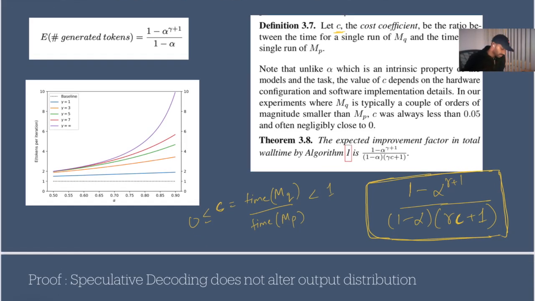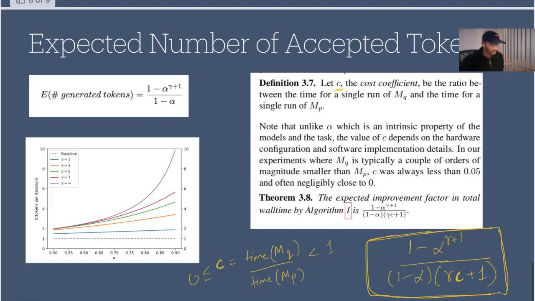Before we move to the next section, an interesting point that the paper mentions with regards to this expected number of generated tokens is that transformer models are fairly complex models which try to model natural language. We also have extremely simple models such as n-gram models, right?